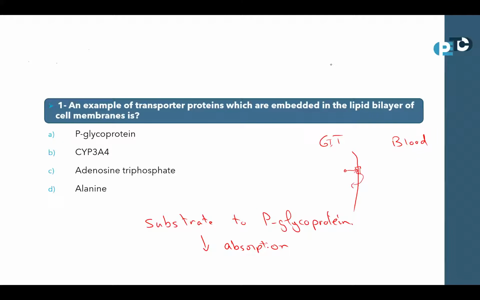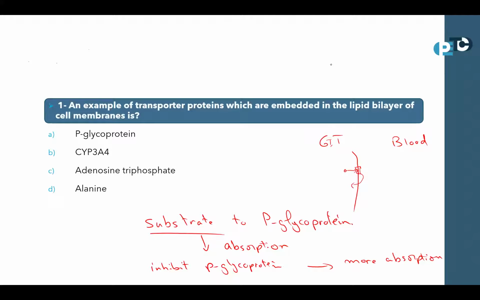This is one of the important sites of interactions. If we have a drug that is a substrate to P-glycoprotein, and we have another drug that inhibits P-glycoprotein, what will happen? The inhibition of P-glycoprotein will allow the drug to be absorbed more, which may lead to more toxicity.